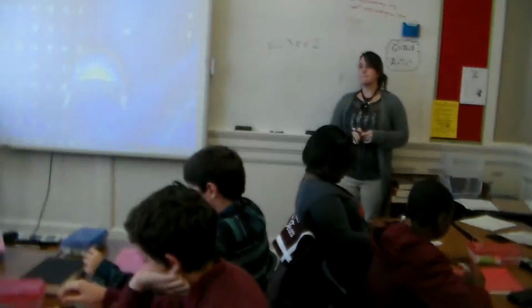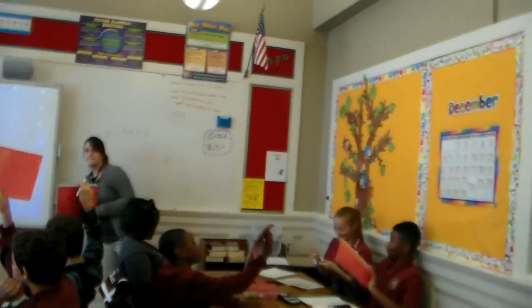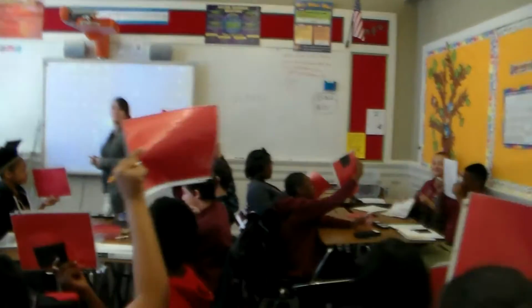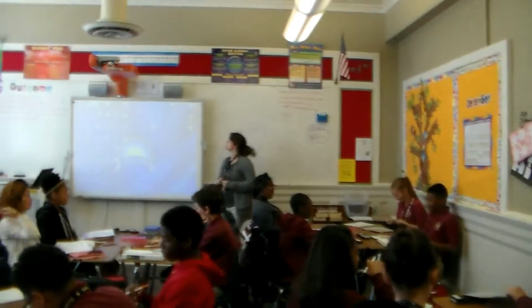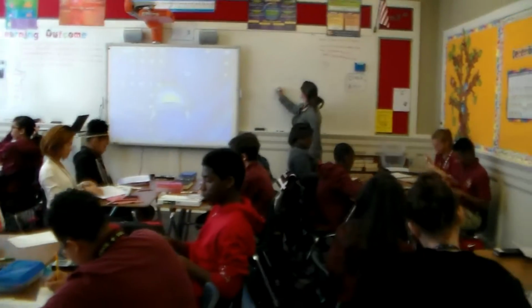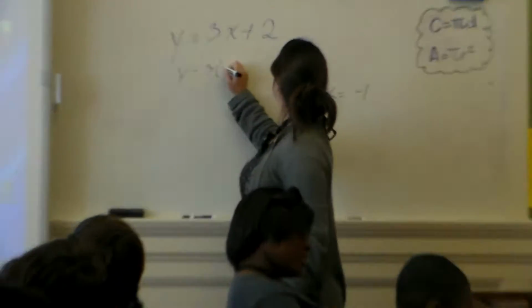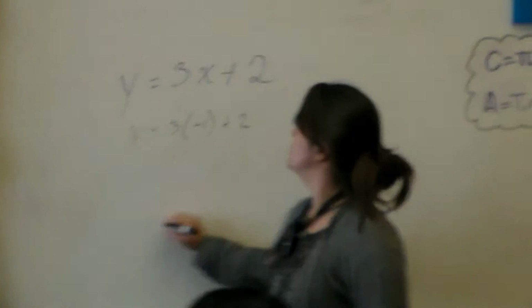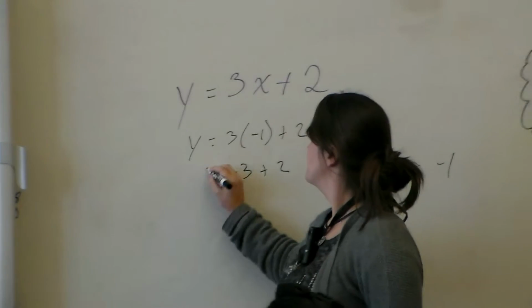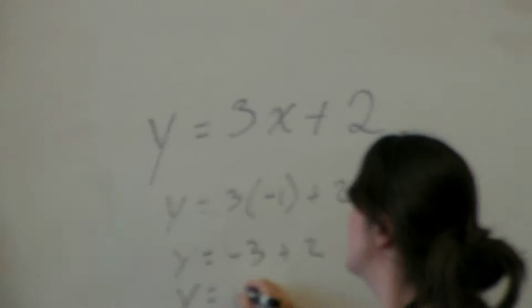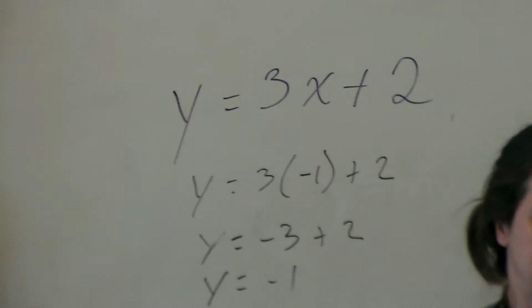All right, show me. Very good. All right, awesome job. So everybody substituted in -1, so they got y equals 3 times -1 plus 2. 3 times -1. And then y equals, awesome job.